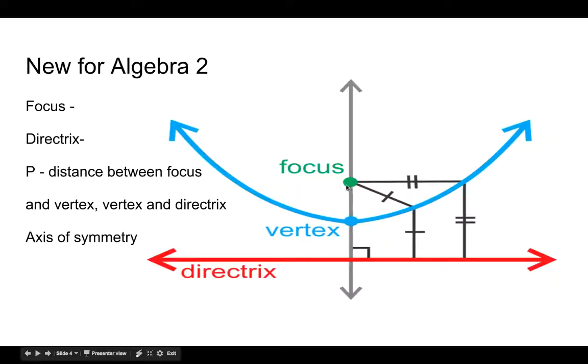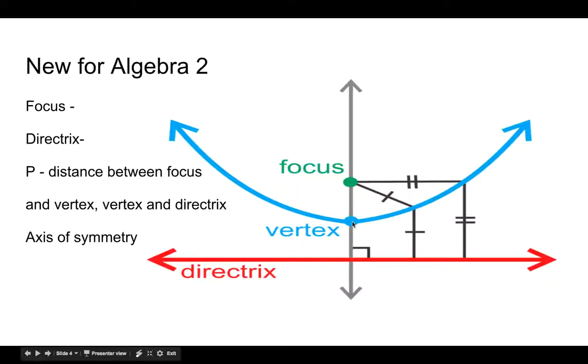And it's also p units from the vertex, so let's say this is (0, 0), right? This would be (0, 2), and this would be (0, 4). The distance between this, for p, would be 2. So that would mean p equals 2.